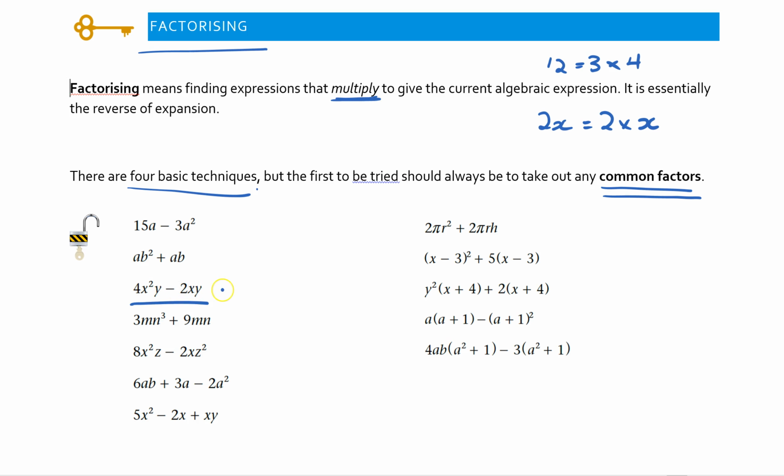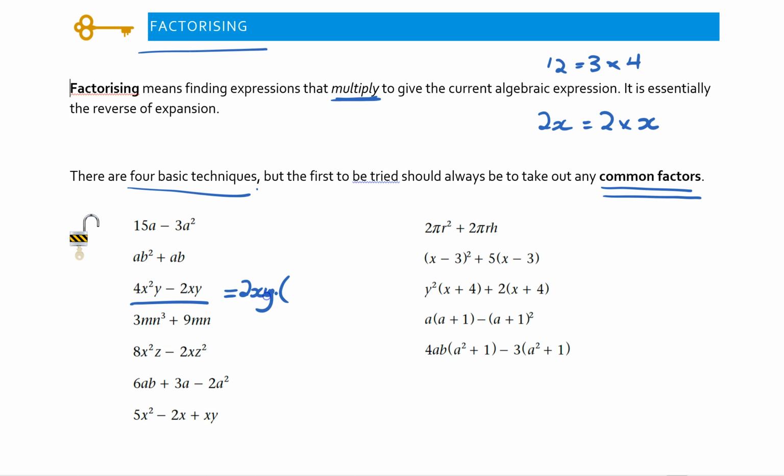So let's say this one to start with. Now when I look at these two terms here, and so the equals is here because I'm going to write an equivalent expression. In each of these terms there is a y, there is an x, and there is a 2. So if I took 2xy out as a common factor, what am I left with?